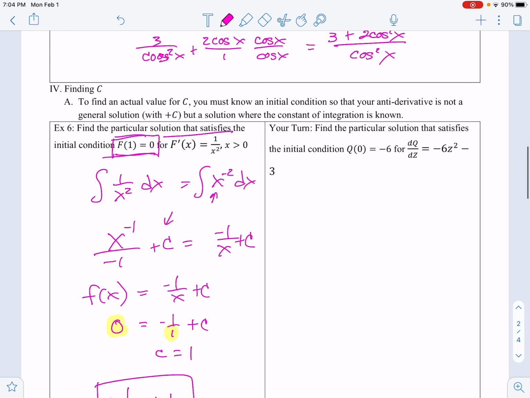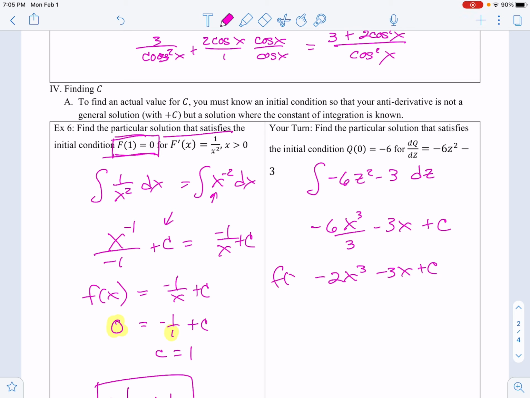Okay, so this one, I'm going to integrate negative 6z squared minus 3 dz. So that's negative 6, I'm changing to an x, over 3 minus 3x plus c, which is negative 2x cubed minus 3x plus c.